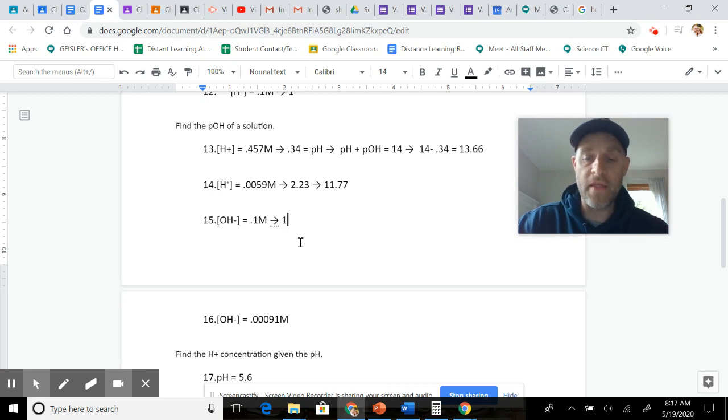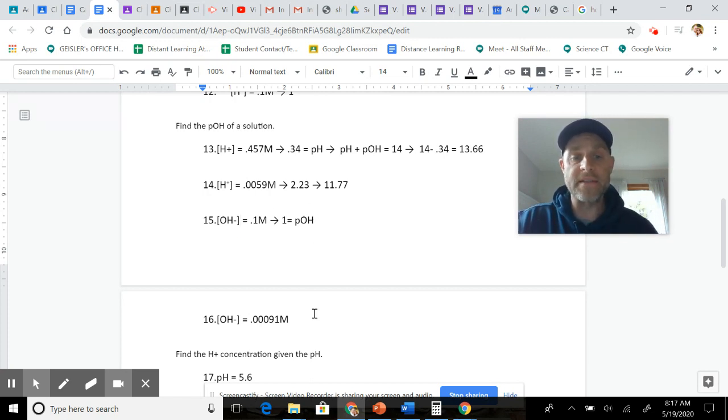That's my 1. Now that's not a pH, excuse me. That's a pOH. Why is that not pH? If it was a concentration of hydrogen ions, it'd be pH, but it's a concentration of hydroxide ion, so it's a pOH. I'm done. I don't have to do two steps. And same with number 16.